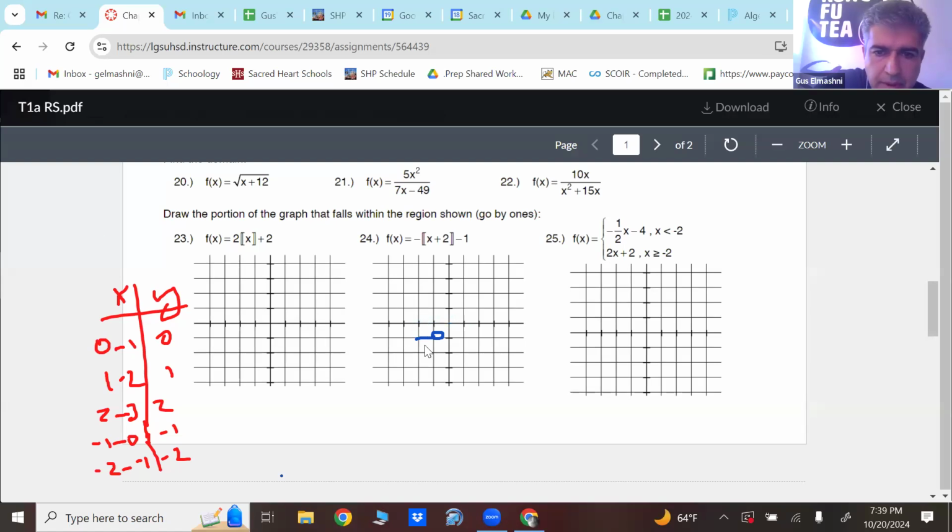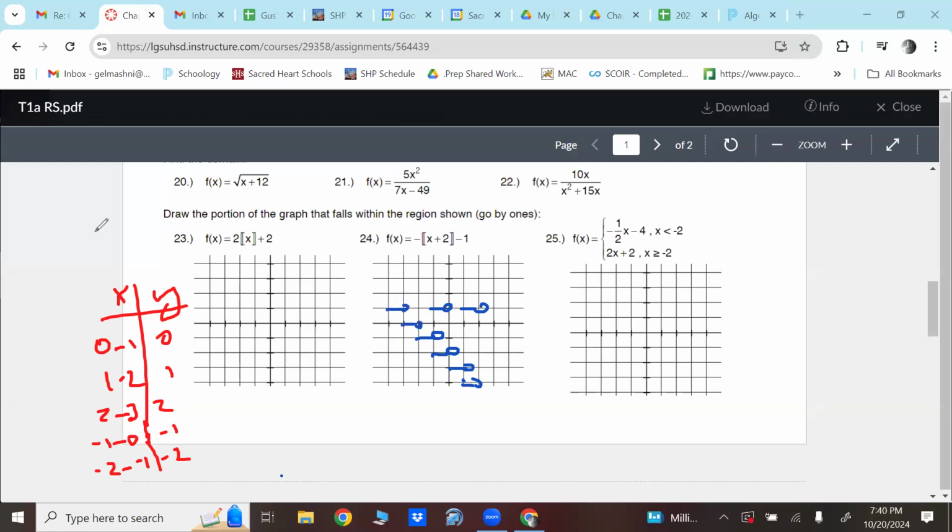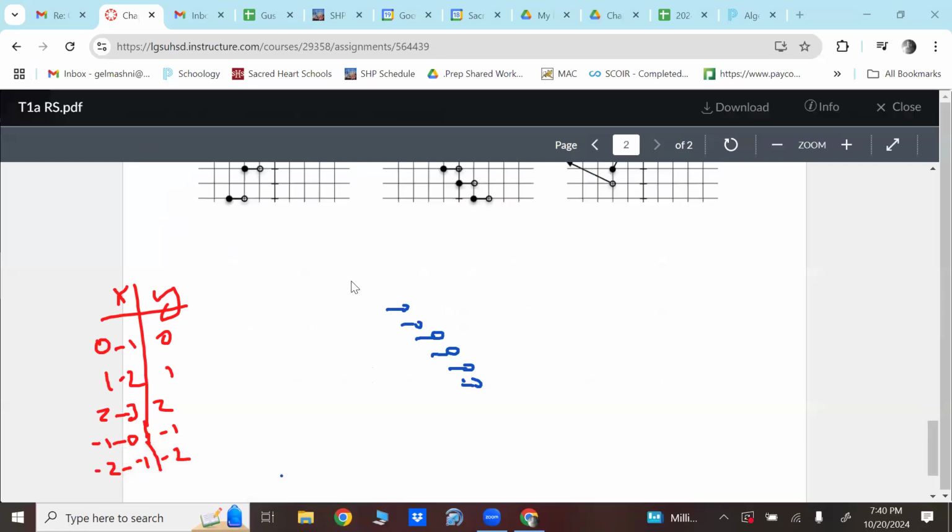And the next one, which is over here, 2 left, so that's over here. Flip, which is over here, then take down 1. So now we know this is the general trend. So it looks like that.